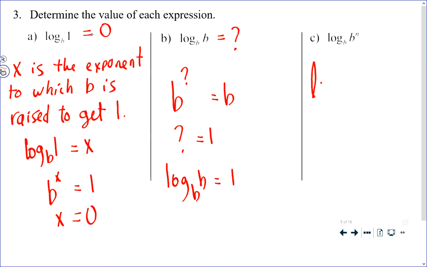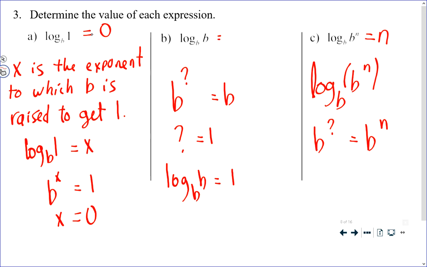We write this out, log base b of b to the n. This is saying, to what do I raise b to get b raised to the n? Well, you raise b to the n to get b to the n, which means that log base b of b to the n is n. This is going to require a lot of patience and thought on your part.